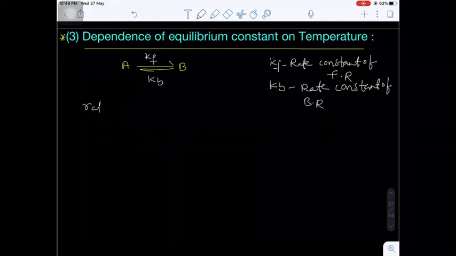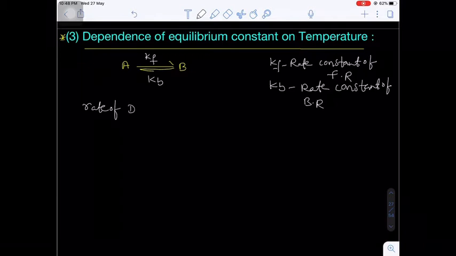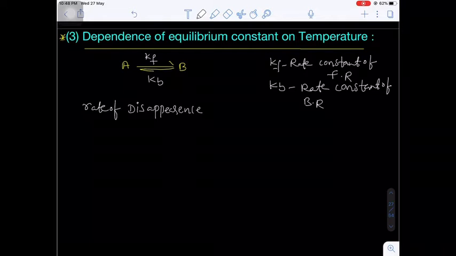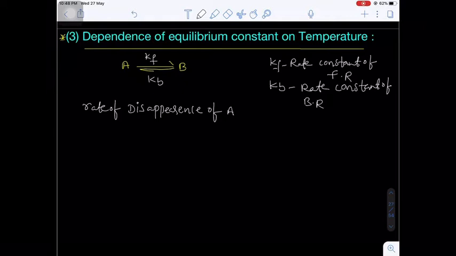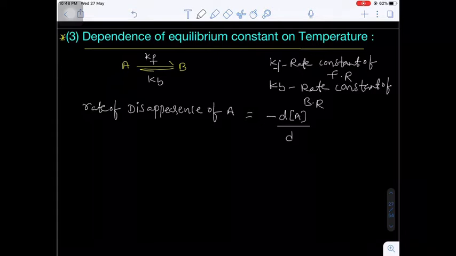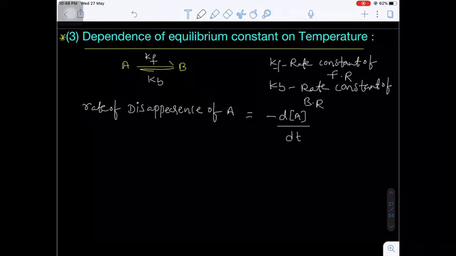Now, the rate of disappearance of A is the change in concentration of A with respect to a small time interval. Disappearance means the concentration of the reactant slowly decreases, and that is what the negative sign represents.